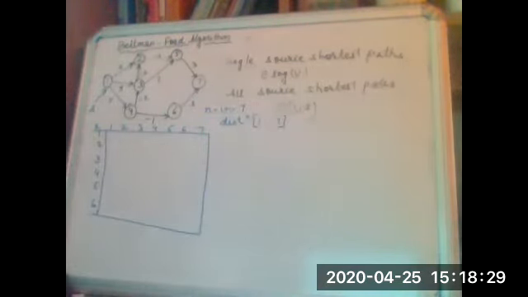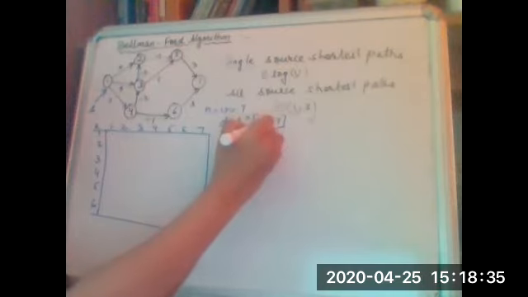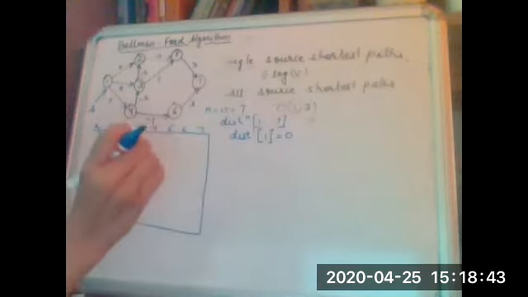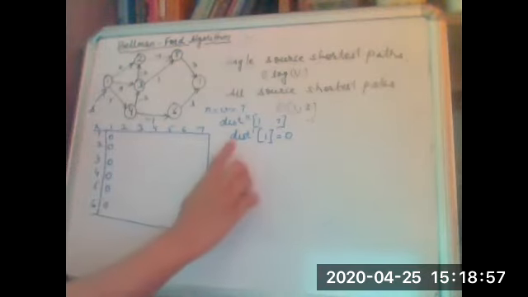Initially, distance of 1 is equal to 0, so this whole column will be made equal to 0. Once we are done with this, we'll look back and see how it is formulated.